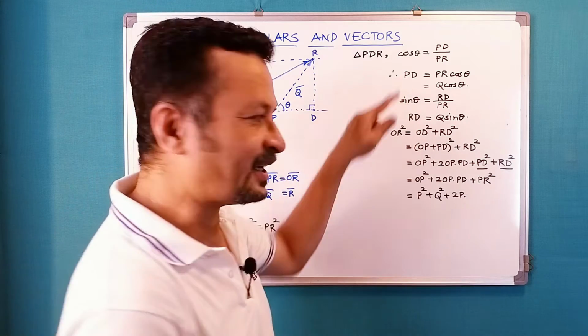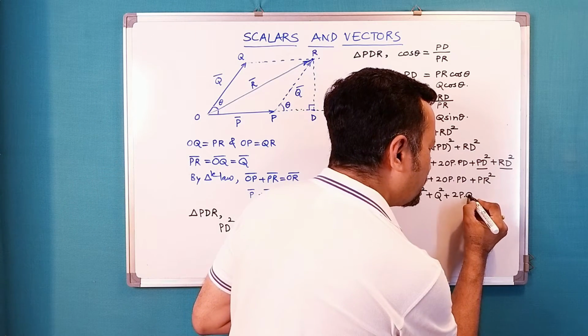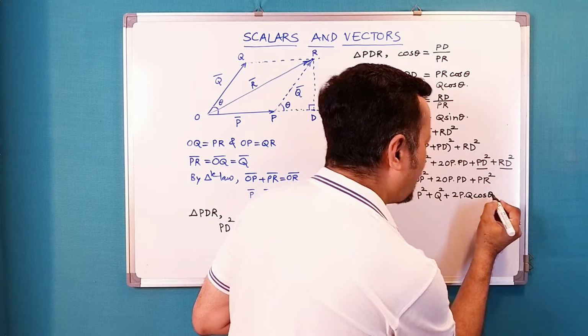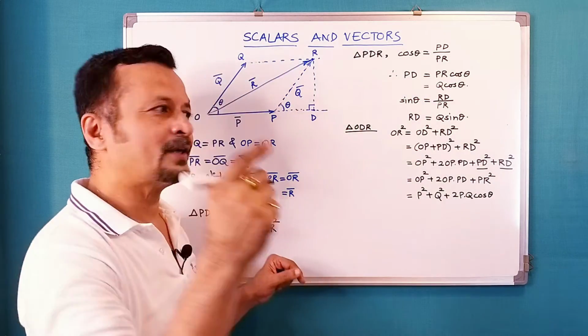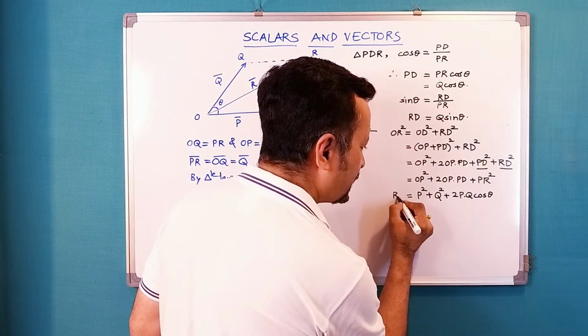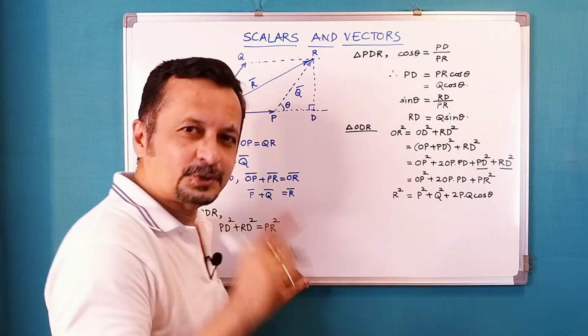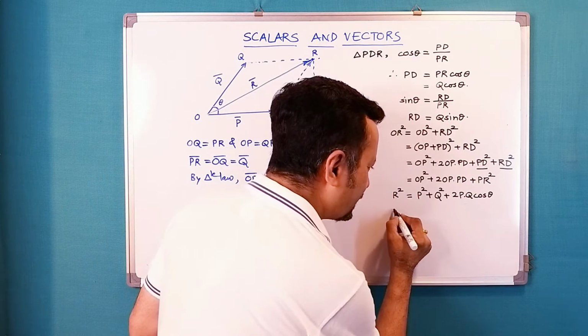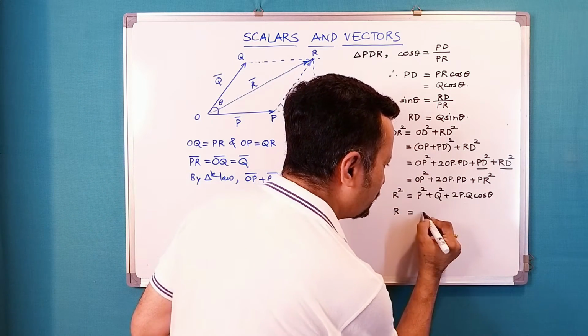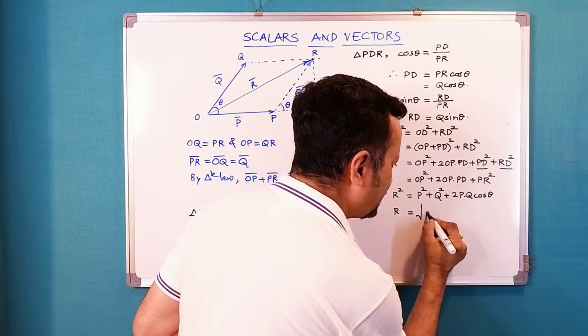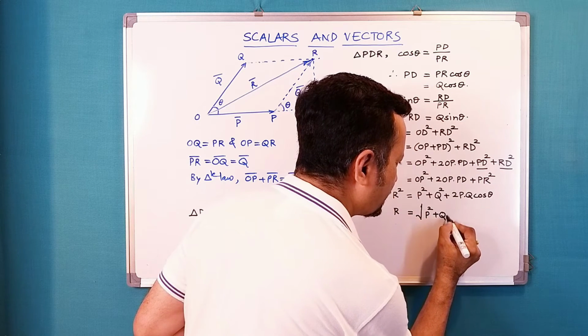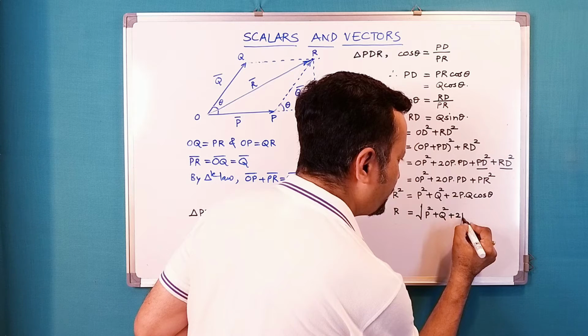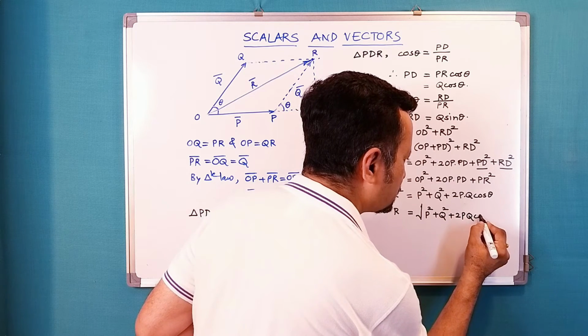Is it not Q cos theta? So 2PQ cos theta. Alright, and what is my OR? Isn't it R square? So then my R is equal to root over P square plus Q square plus 2PQ cos theta.